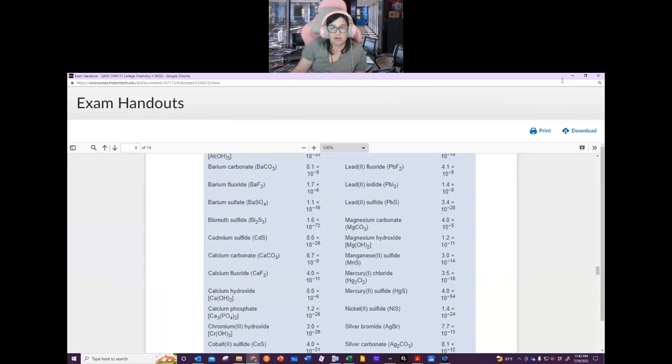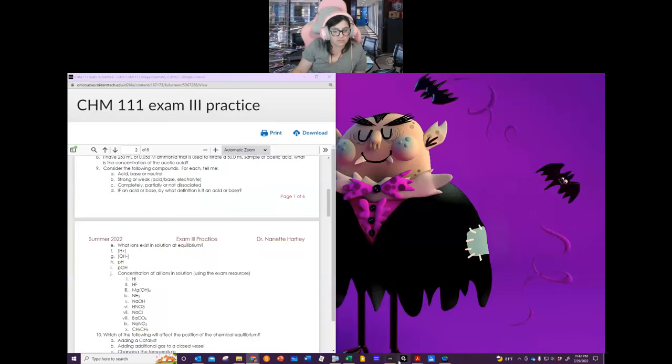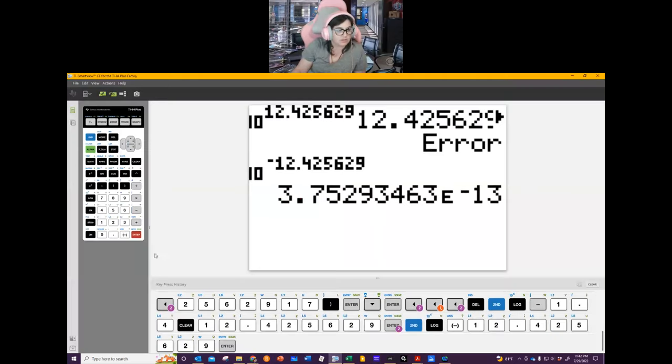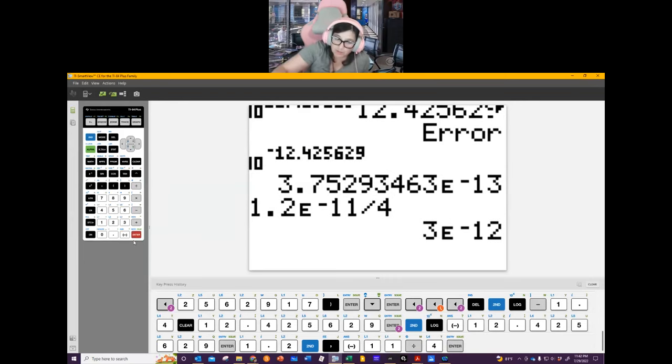I then need to use my calculator. And I've got 1.2 E negative 11. I'm going to divide that by 4. And that gives me 3 times 10 to the minus 12 is equal to x cubed.